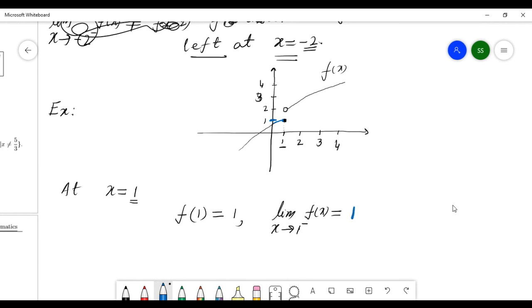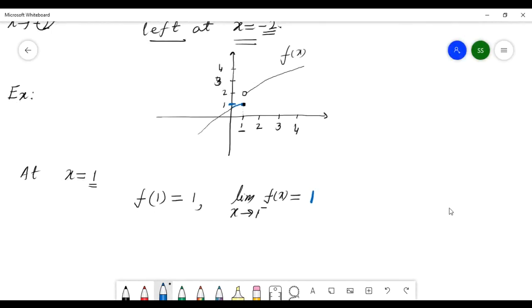Okay. After that, you check the right limit. Limit x goes to 1 plus f(x). Come, tell me. When x is close to 1 from the right, then where is the graph going? Tell me. 2. Yes.